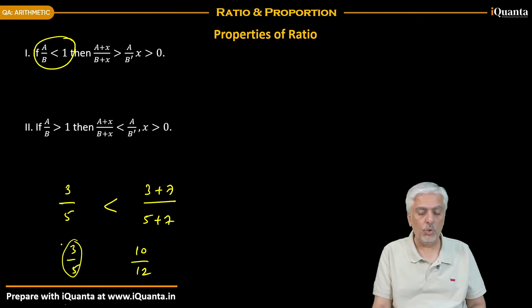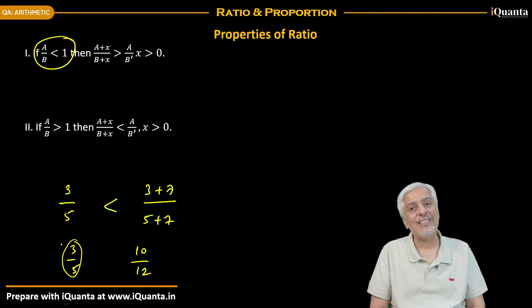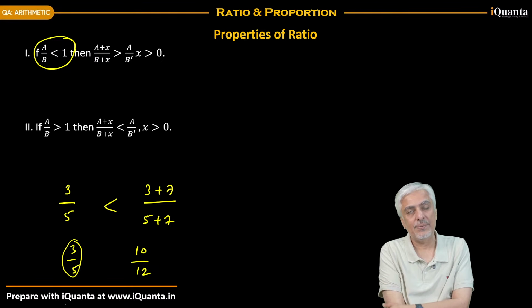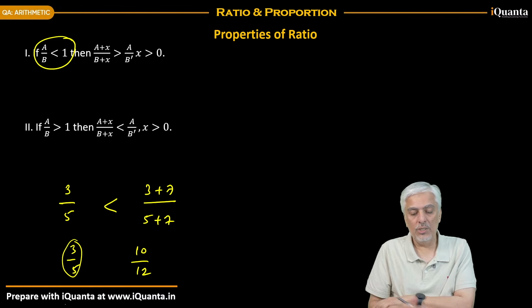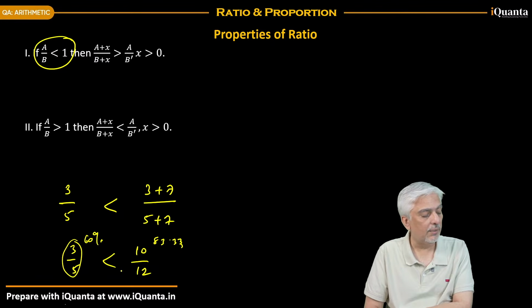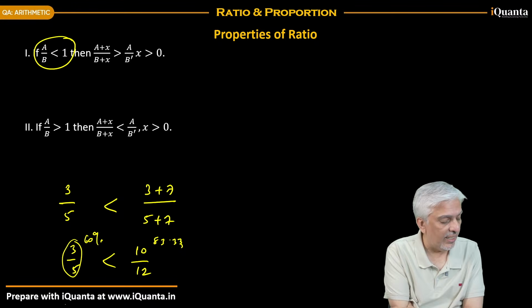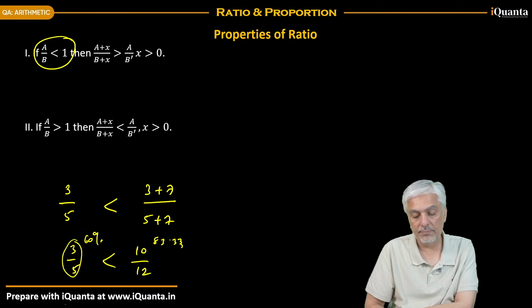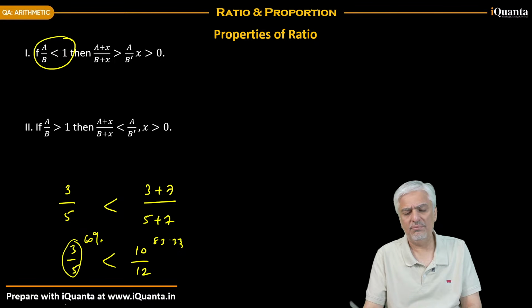3 by 5 is exactly 60%, while 10 by 12 will be 5 by 6, which is again 83.33%. So this is 60% and this is 83.33. This is bigger. Prachi, clear now? I've repeated for you all. You can add any number.